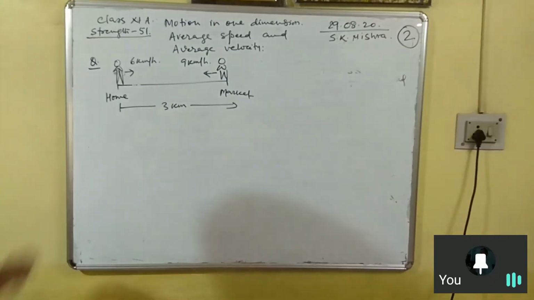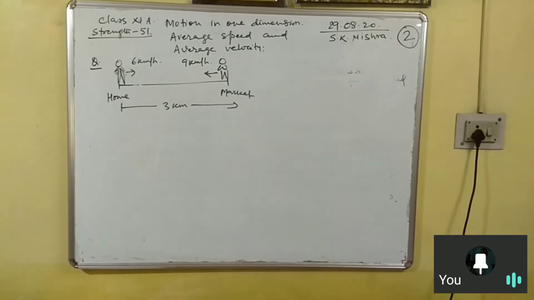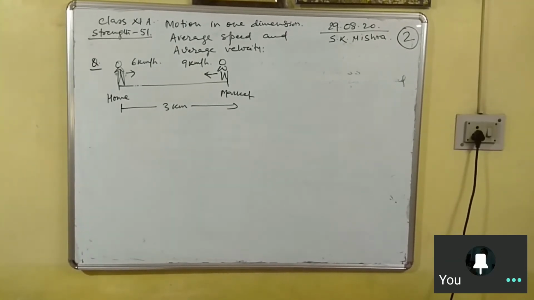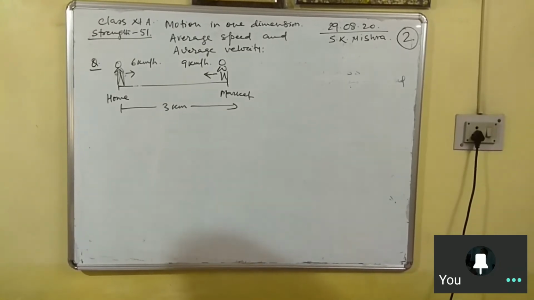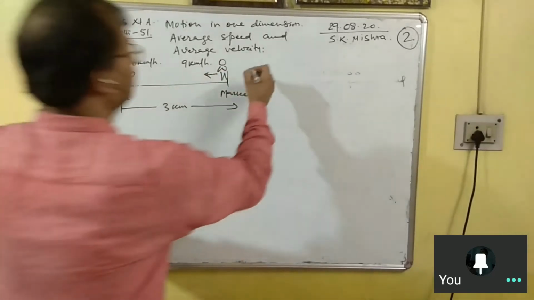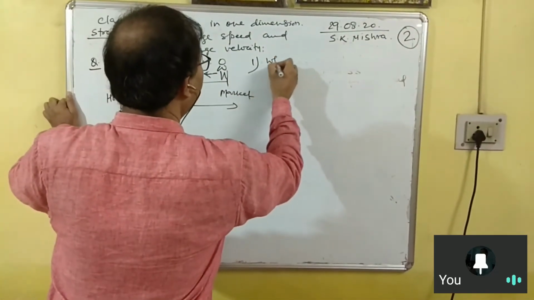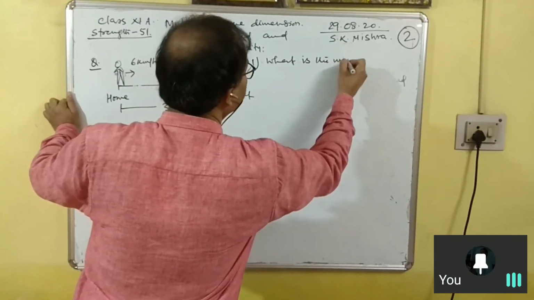The question is, what is the magnitude of average velocity? The first bit is, what is the magnitude of average velocity?